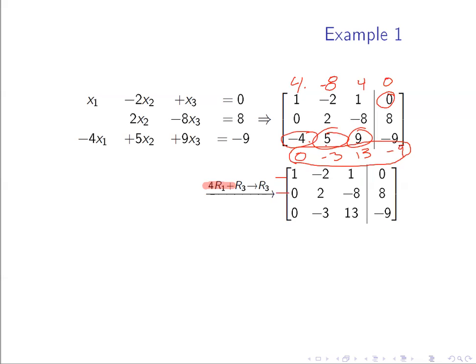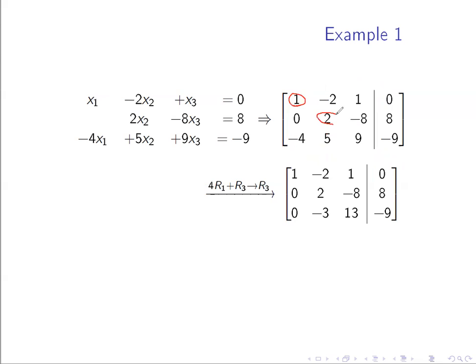Well, our strategy to solve these, and this will become more apparent in future sections, is that I would love to get a value on all the diagonal entries and zeros in everything below. I don't care what's above, but I want zeros in everything below. So notice I have now made zeros in these first two spots. All that's left is I want to make this spot a 0.